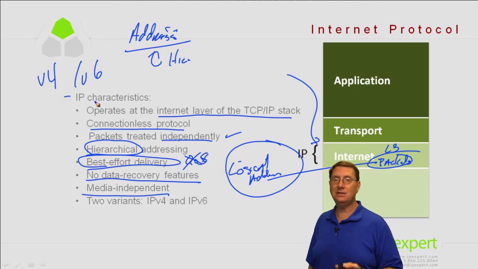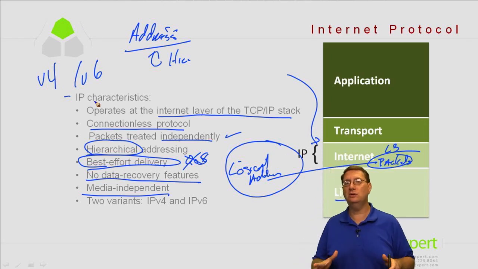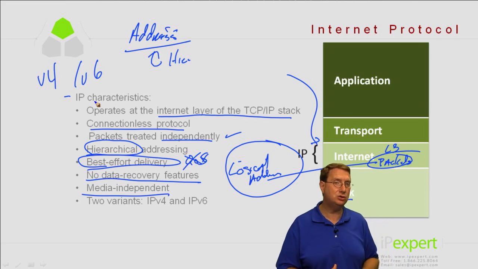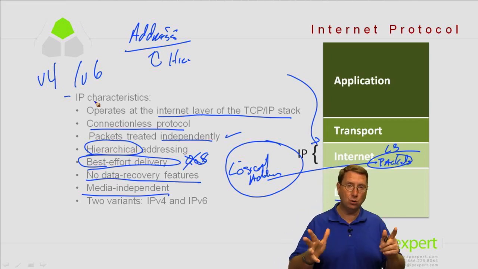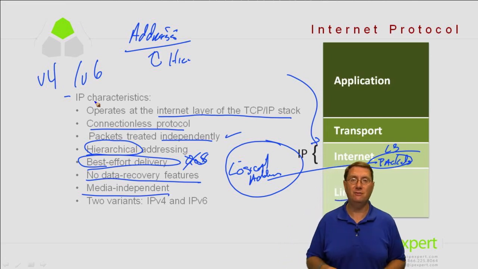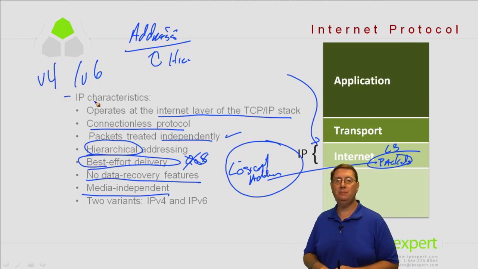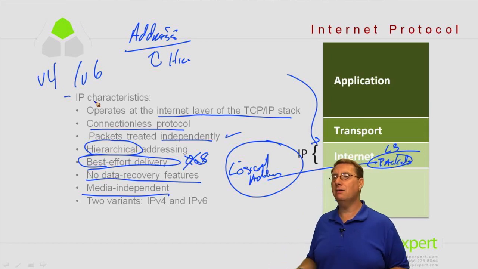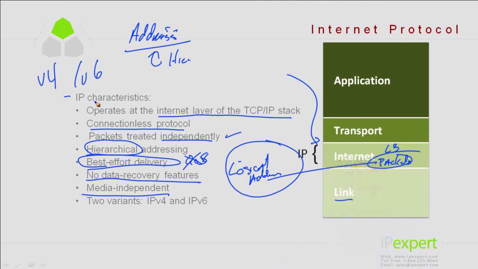So again, it's going to be something we definitely want to understand, and it's so important that Cisco has actually taken the last module of this class and devoted it purely to IP version 6. The majority of the stuff that we're going to be talking about from this point up to there, though, is going to be IPv4. Slightly outmoded, but still used in over 90% of the networks that currently exist in the world today.